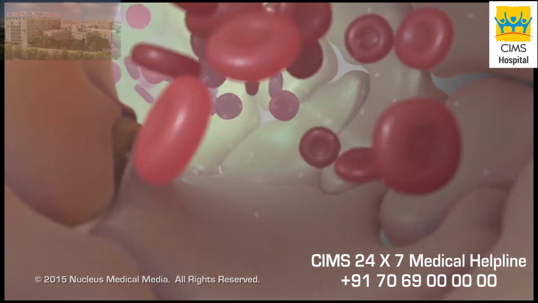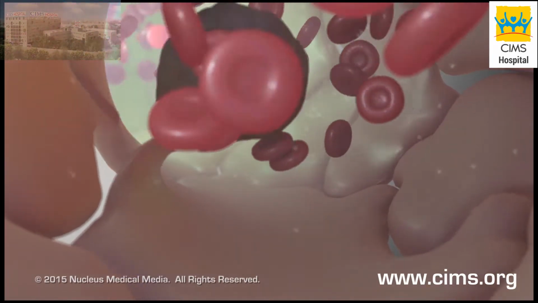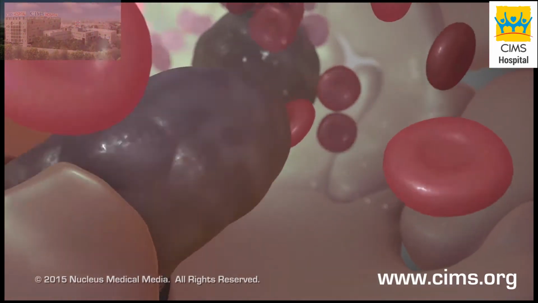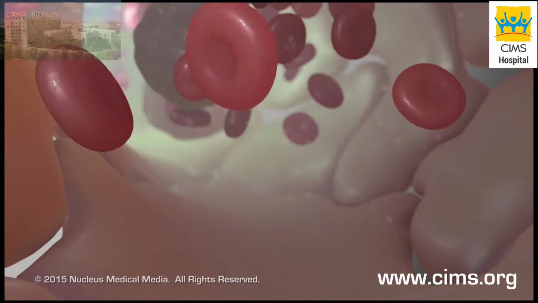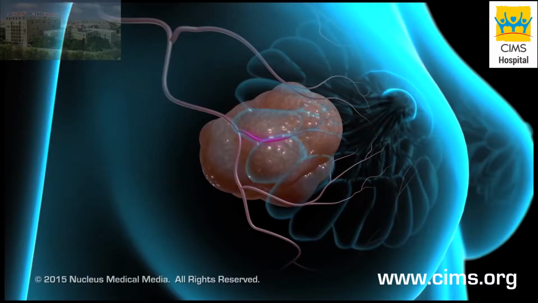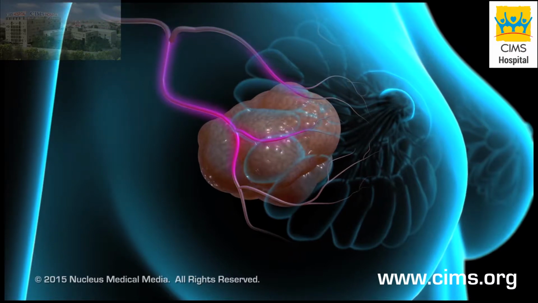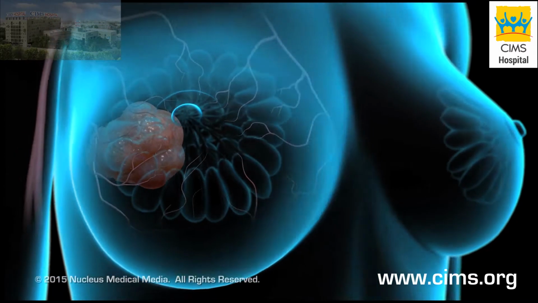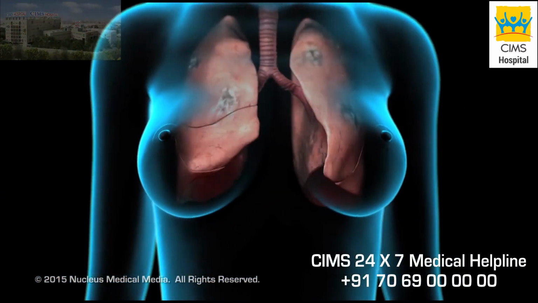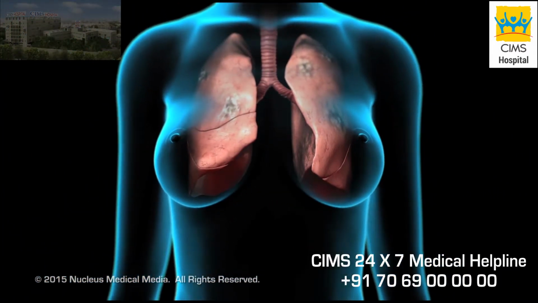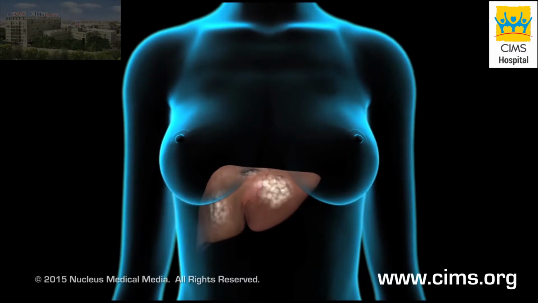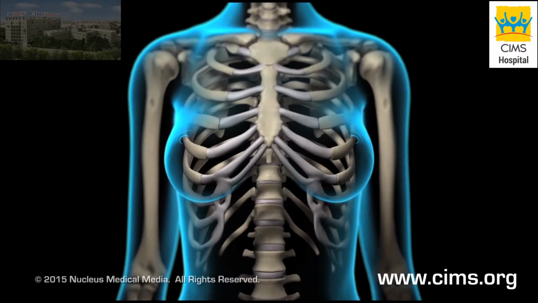Since cancer cells do not stick together as well as normal cells, they may break away and enter a nearby blood vessel. Cancer cells in blood vessels may travel to other areas of your body and form additional tumors. This is called metastasis. Additional tumors may form in areas such as the lungs, liver, and bones.